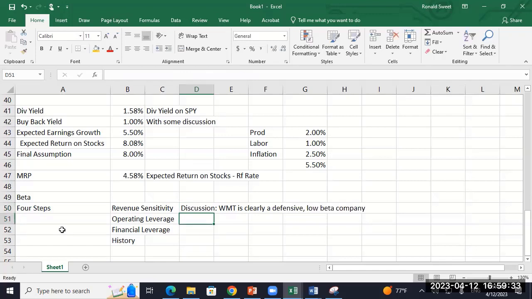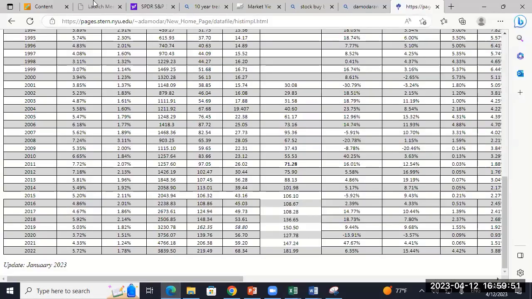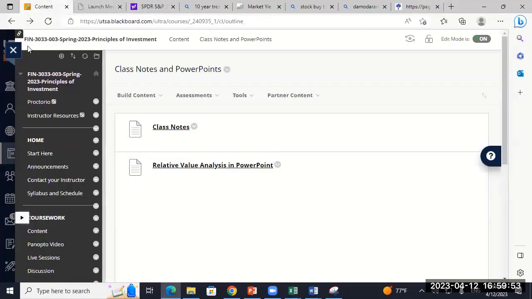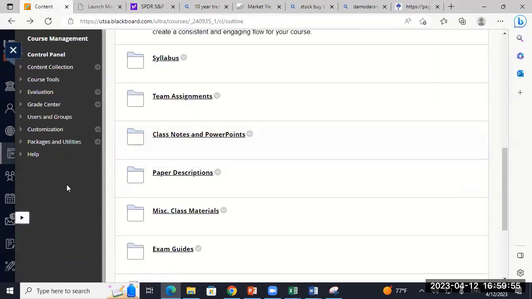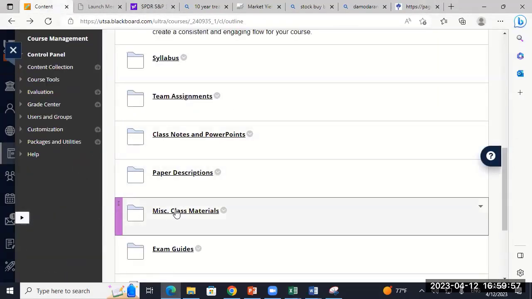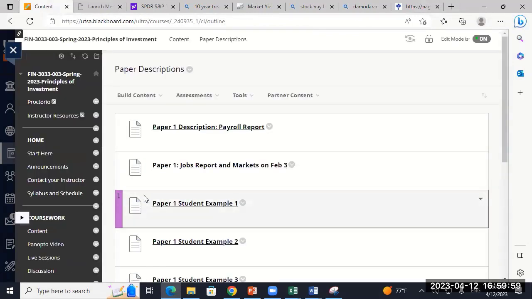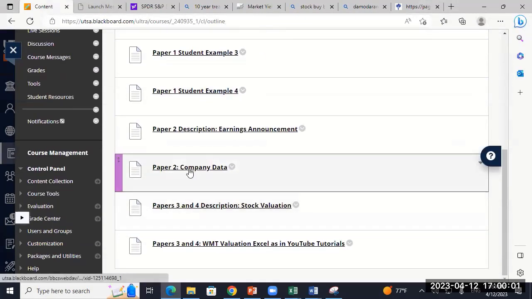And on operating and financial leverage, I have a file. I'm in the process of updating it because I want to get 2022 data in there. So I'm going to get it out there pretty soon. You don't have paper 2 done yet, so you don't need it. But I'll get it out there pretty soon. But just looking at it, there is a file out there.